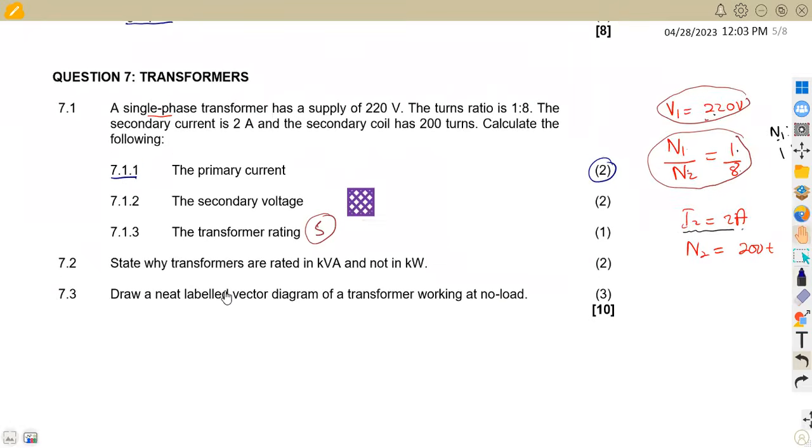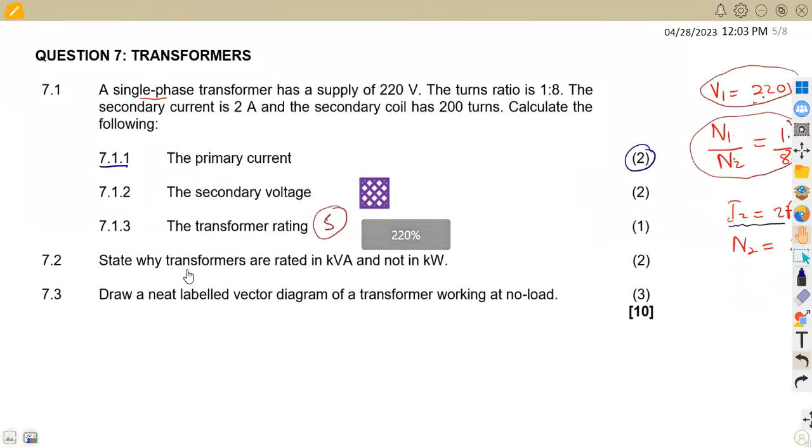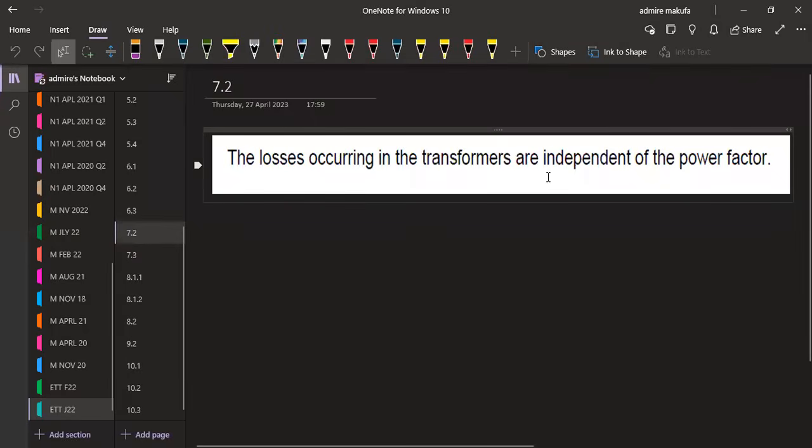Why are transformers rated in kVA, which is kilovolt amperes, the one that we have been talking about, and not in kilowatts? Okay, so why is it that we have transformers rated in this? The explanation is that the losses that occur in transformers are independent of the power factor, which means they do not have any consideration that has to do with the power factor.